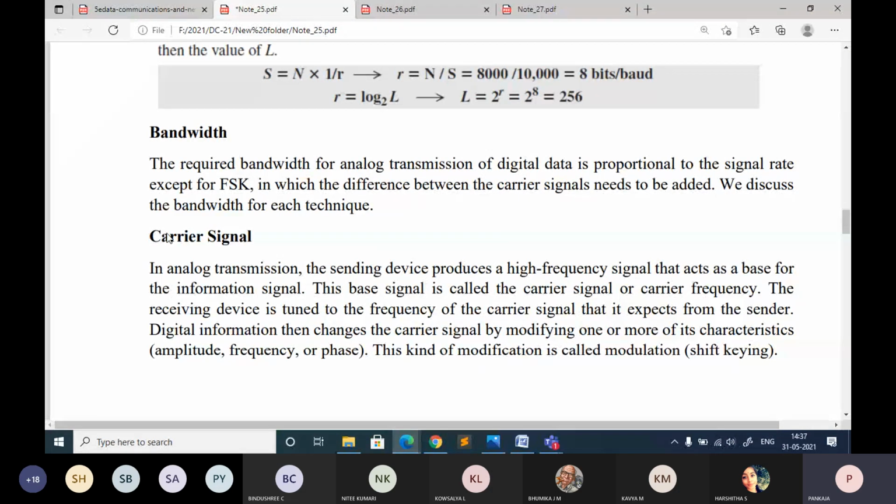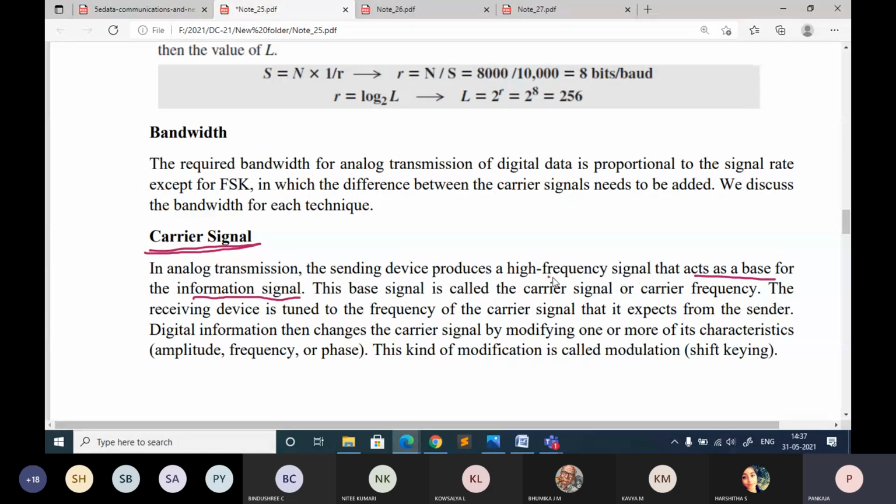This carrier signal is going to carry the data. Whatever data you want to send is carried by this carrier signal. So in analog transmission, the sending device produces a high frequency signal that acts as a base for the information signal. Whatever signal strength you have is not enough, so it requires you to generate or modulate the signals using a high frequency signal.